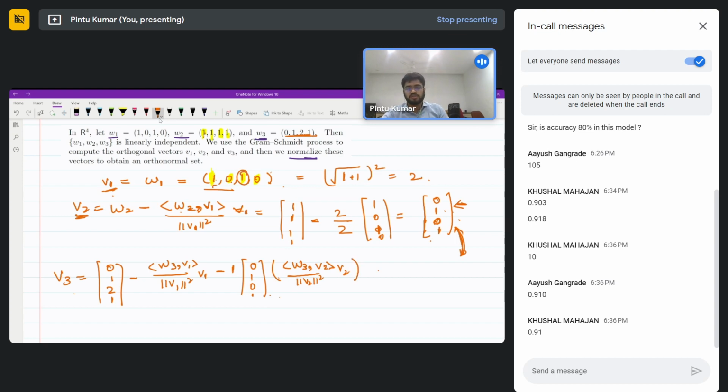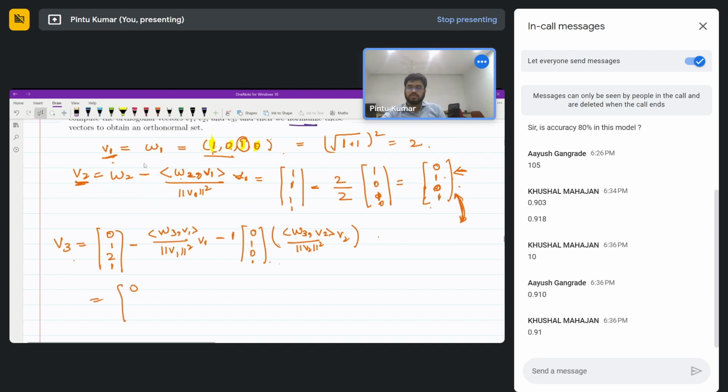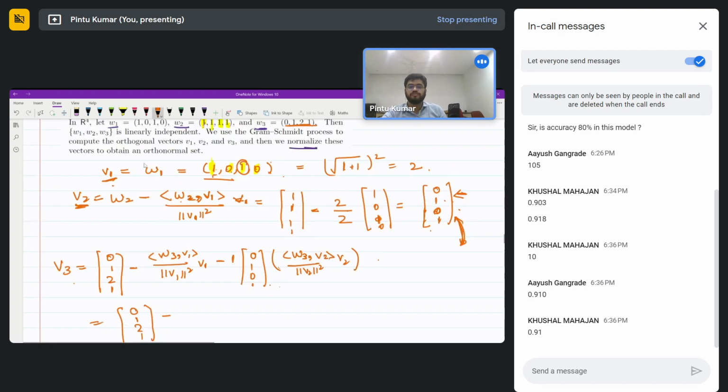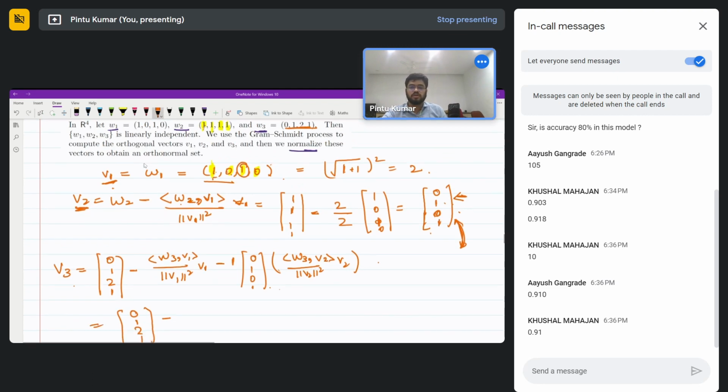So yeah, this is nothing but 0 1 2 1 minus V3 and V1. So V3 is this and V1 is this. So this would be 2 again, right? And again 2, right? It's a good example that everything is reducing to 2, right?